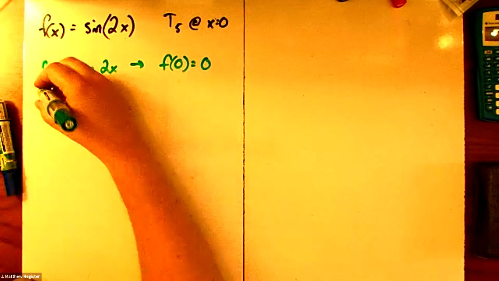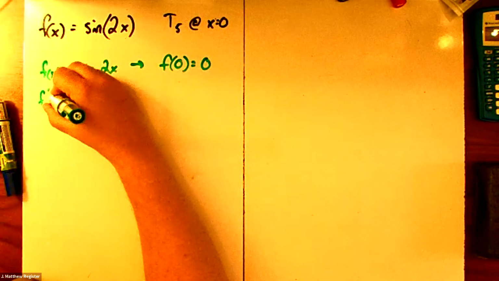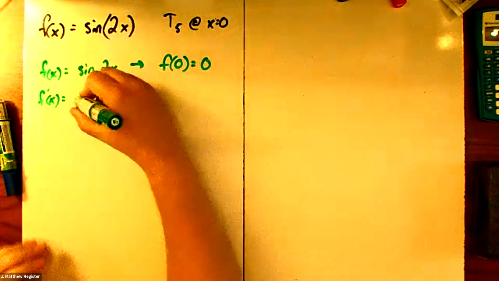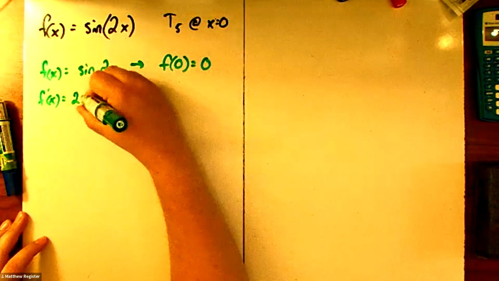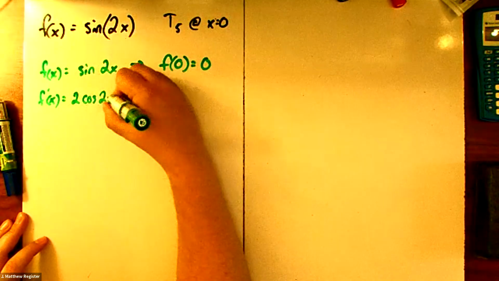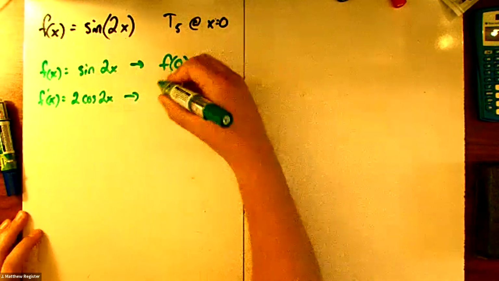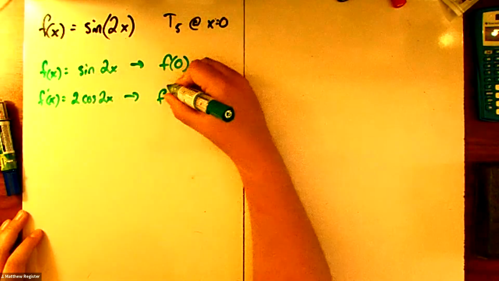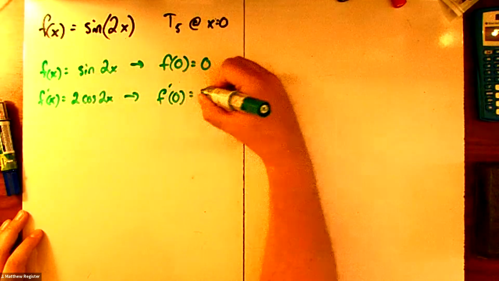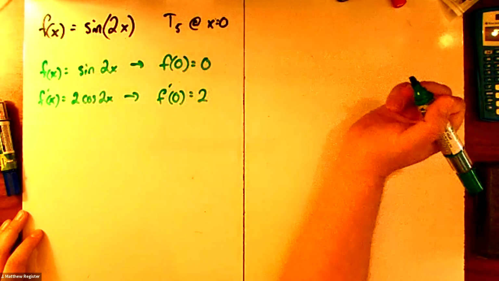Now let's do the first derivative. f prime of x is going to be equal to 2 cosine of 2x. Well, f prime of 0 is going to be equal to 2.